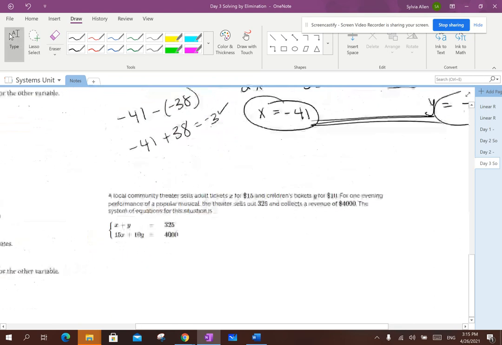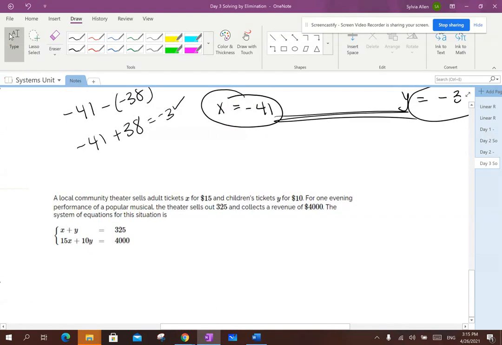All right. Here we have not only a context, but they actually give you the equation for you, so that's nice. So what we're going to do is look to see how we can take the paragraph and apply it. So a local community theater sells adult tickets, which is X. So again, I'm going to write X is equal to adult tickets, and it is $15.